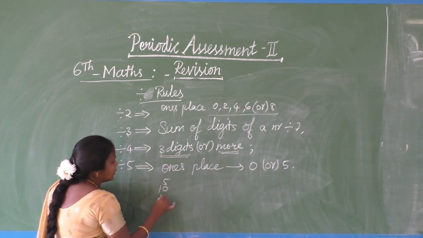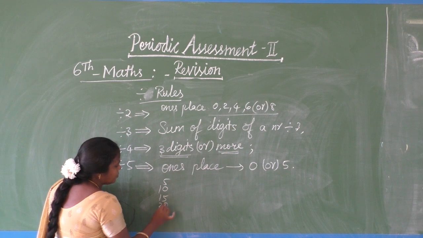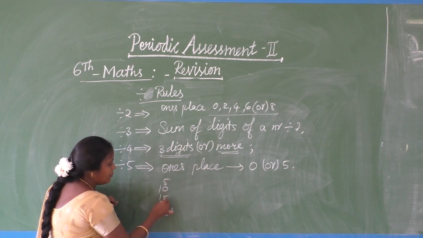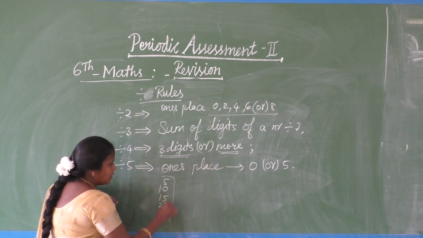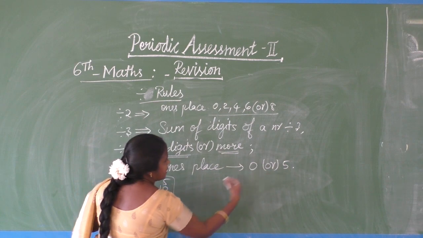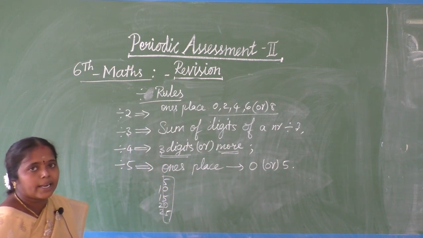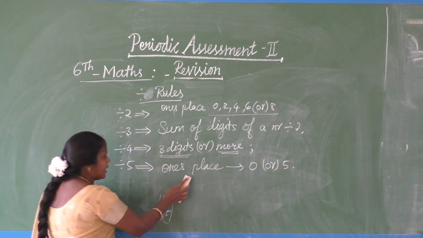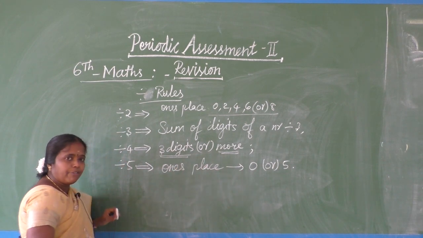In all the multiples, if you watch, what do you get in the ones place? 5, 0, 5, 0, 5, 0. It comes like this only. So the rule is framed like this. If the number contains either 0 or 5 in its ones place, then it is divisible by 5.